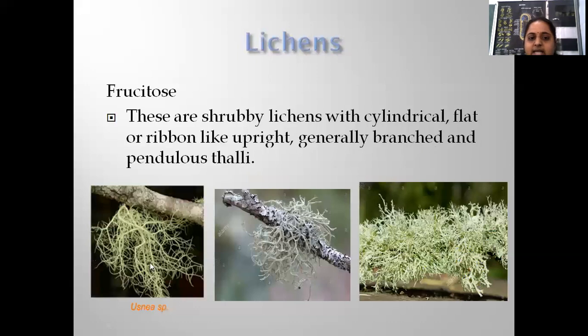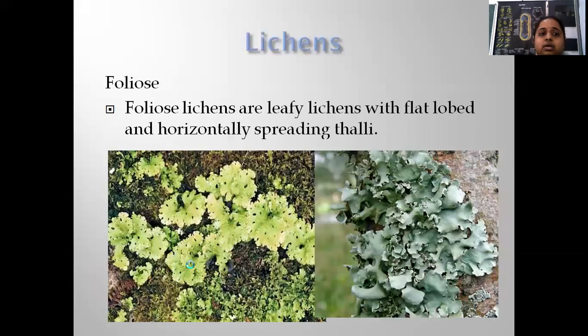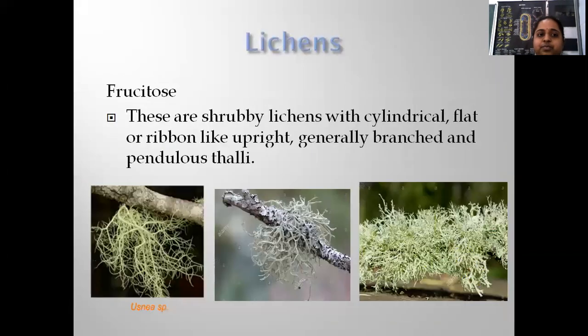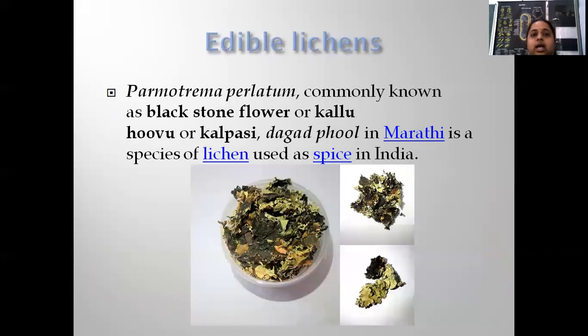Usnea is one of the types of lichen which comes under fruticose. So this is about lichens, three types: crustose, foliose, fruticose.